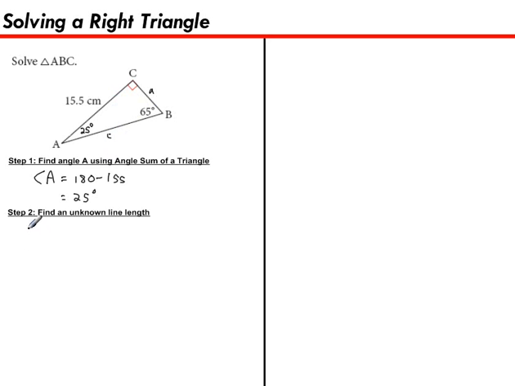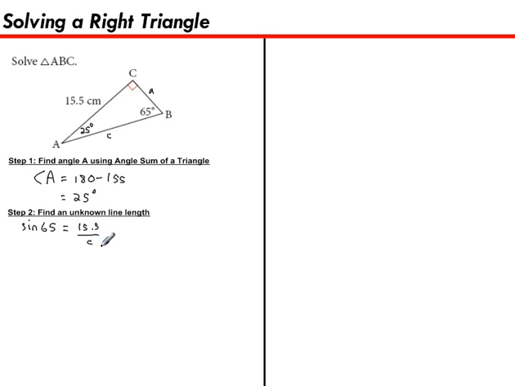Let me show you how I set this up. We'll set up our ratio first. I'll say sine, and then the angle is given as 65, and it's equal to opposite over hypotenuse. So opposite is 15.5, and the hypotenuse is what we don't know, and that's the lowercase c.